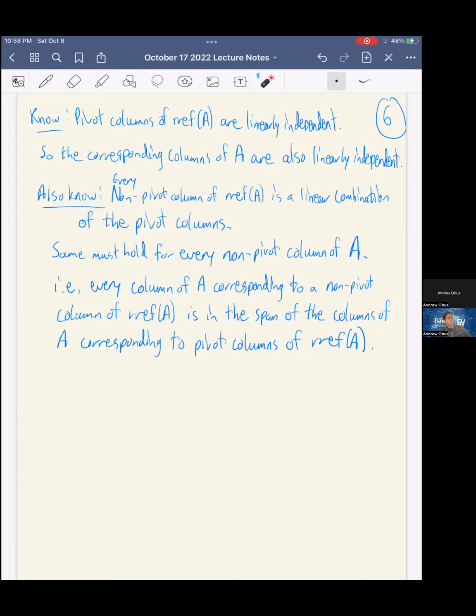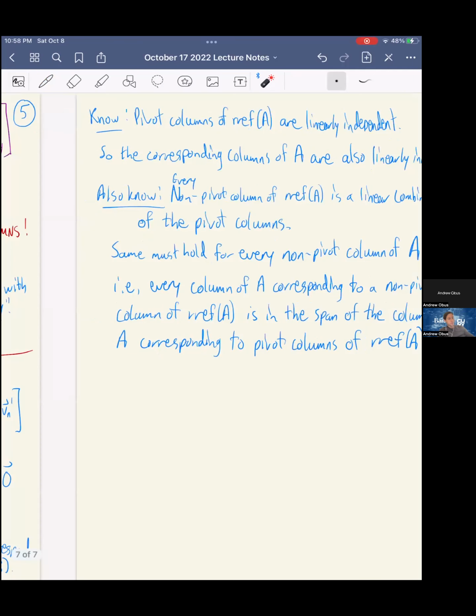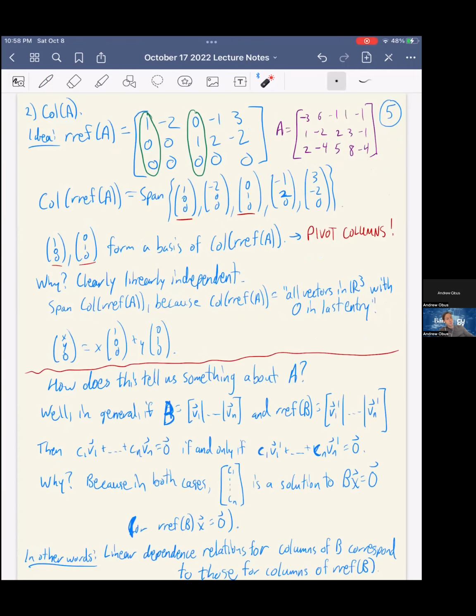Any column corresponding to a non-pivot column is a linear combination of these ones that correspond to the pivot columns. In this case, the pivot columns are 1 and 3, and we know that any one of the other ones, 2, 4, or 5, is going to be a linear combination of 1 and 3, because the same is true in row-reduced echelon form, so it's got to be true for the original matrix also.